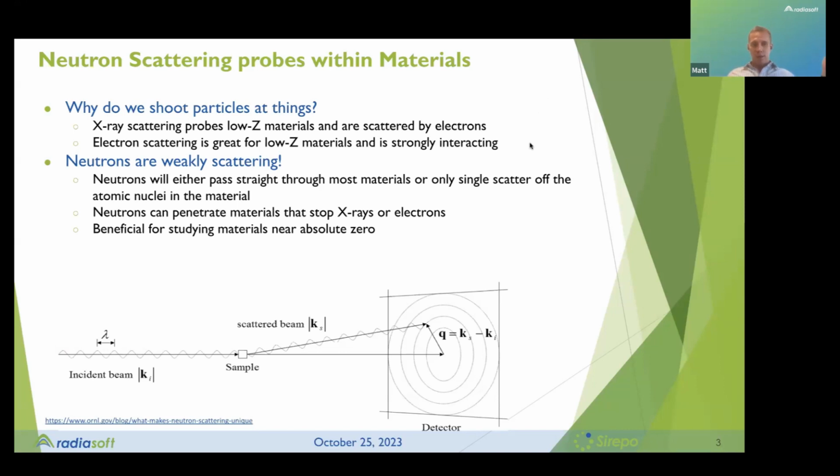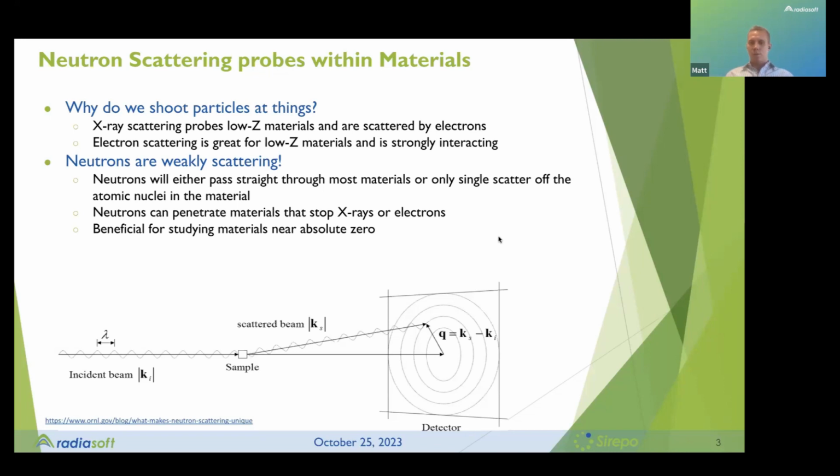A neutron coming down as an incident beam can either pass straight through most materials or only have a single scattering. This weak scattering gives us a really good probe of the minute structure of a crystal. What we're measuring is the scattered momentum of the neutron here, and since we know the incident beam momentum, we're able to calculate the change in momentum, which is this Q momentum measurement.